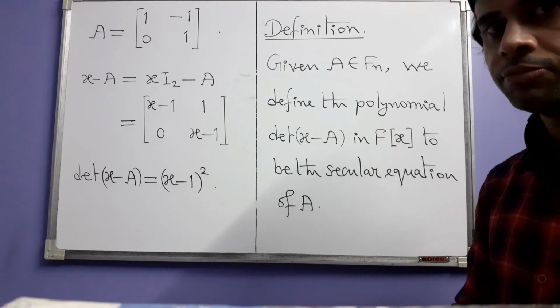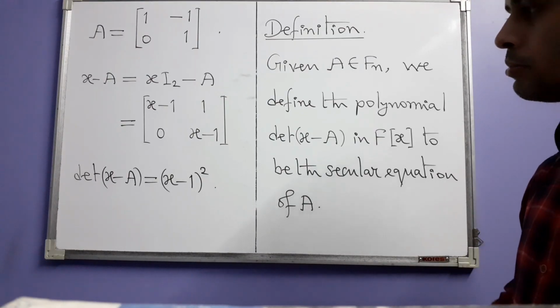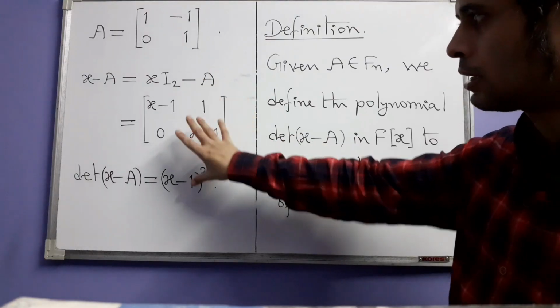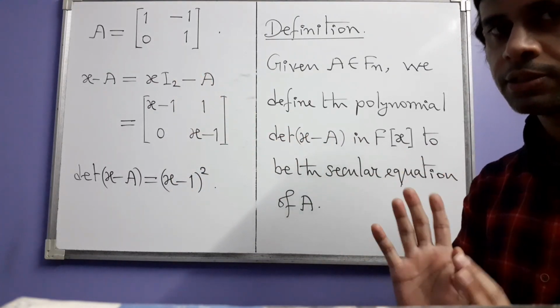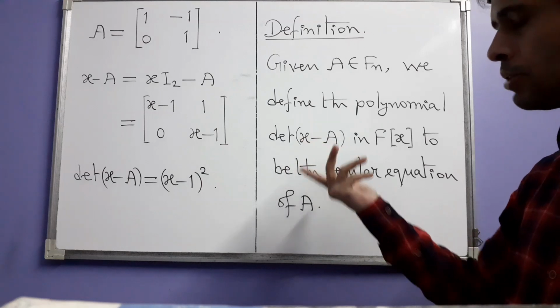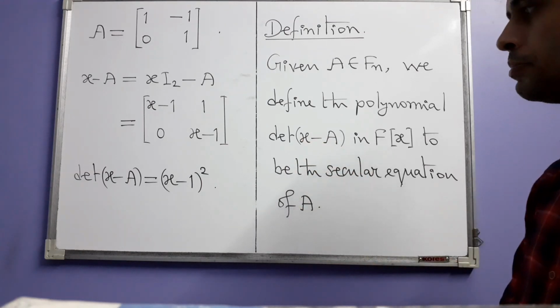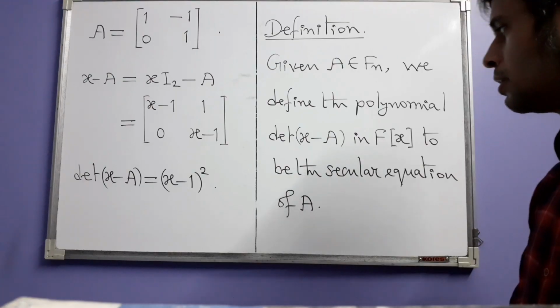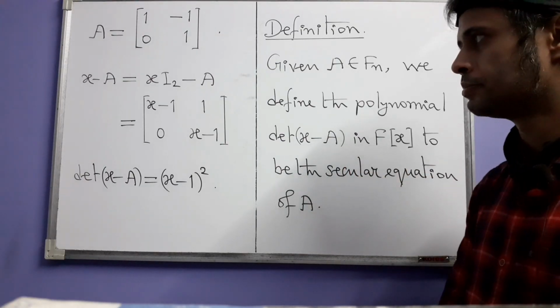This is a commutative ring with unit element, but this is not a field. So in spite of that, the determinant for such matrices is also defined similarly to how we define determinants of matrices with entries which are field elements. Okay, so that is the secular equation of a matrix A.